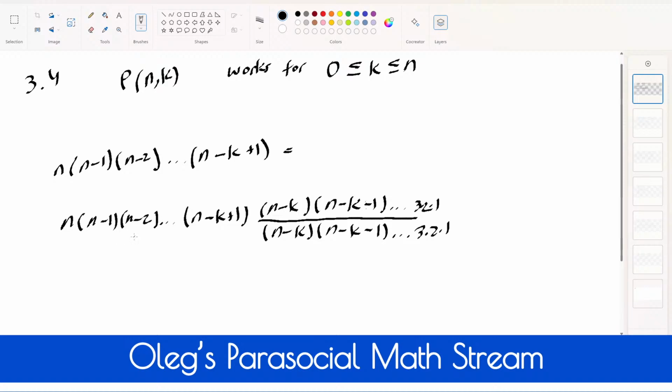Let me see here real quick. Minus k. All right. And then what we have is, and then the final result is right here. It's k factorial. Okay, that's a simplified version.